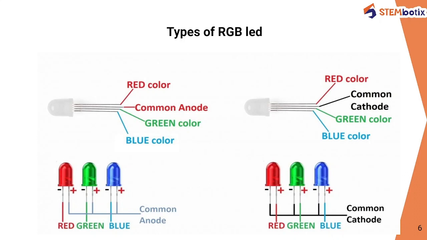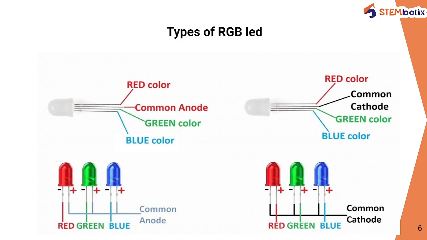The RGB LED that we are going to discuss in this video is non-programmable, and it is of two types. One is the common anode type, as you can see on your left hand side, and another one is the common cathode type, as you can see on the right hand side of the screen.